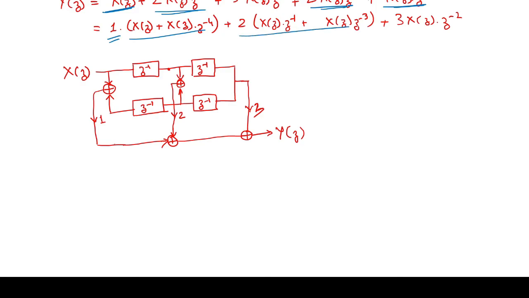We have clubbed them together. Now there are 4 z's, increasing number of z's. From the midpoint, this is the first point, first z inverse, second z inverse, third z inverse, fourth z inverse.